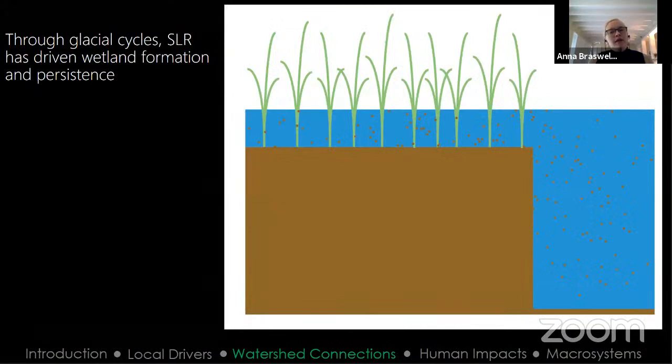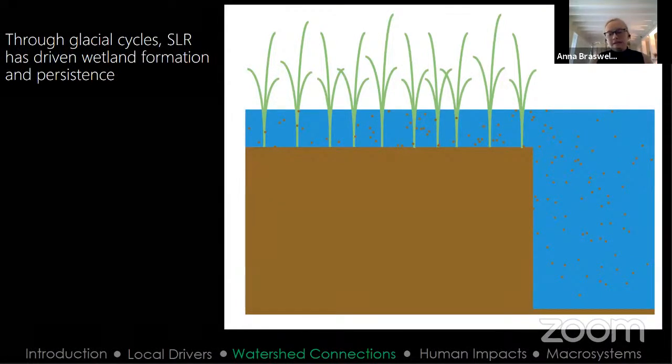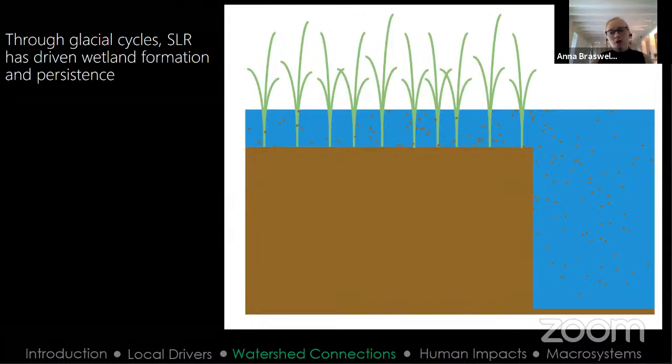So we've talked a little bit about how plants can trap and slow water, leading to sediment deposition. So if we have this hypothetical marsh platform and a slow rate of sea level rise, those plants do a really good job of trapping that sediment. And models show that under this rate of sea level rise, plants in the marsh keep up with elevation.